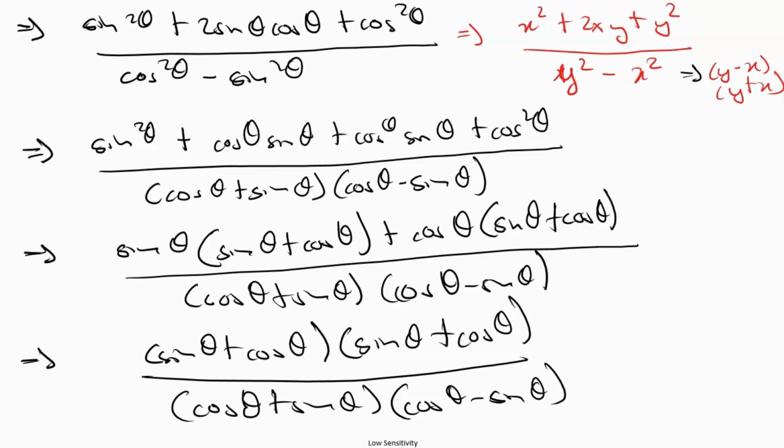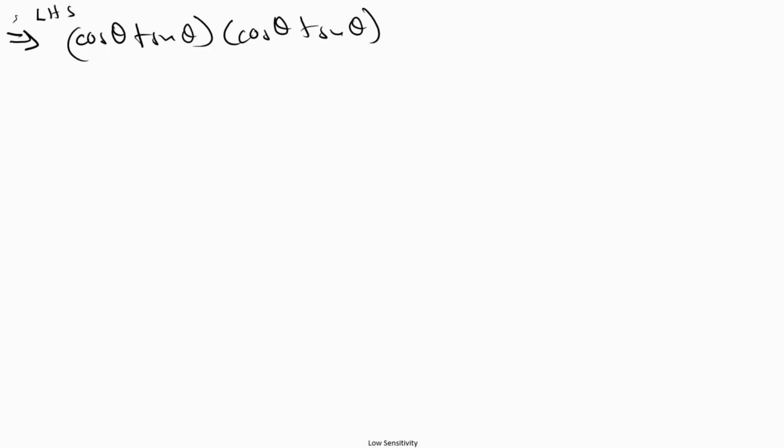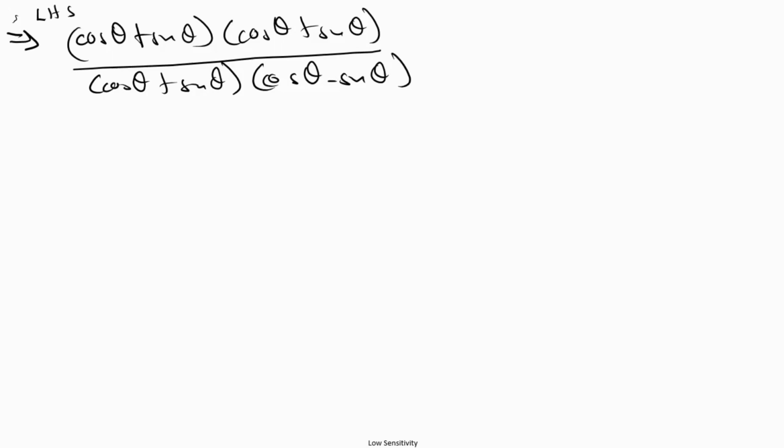Let's continue on the next slide. What we have here is a continuation of the left hand side. So just remember what's still on the left hand side. We have cosine theta plus sine theta over cosine theta plus sine theta, cosine theta minus sine theta.